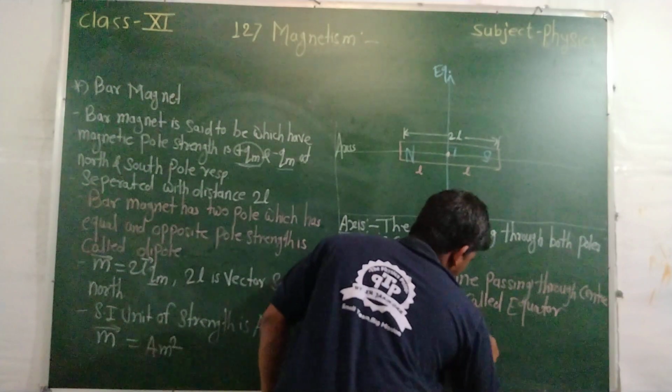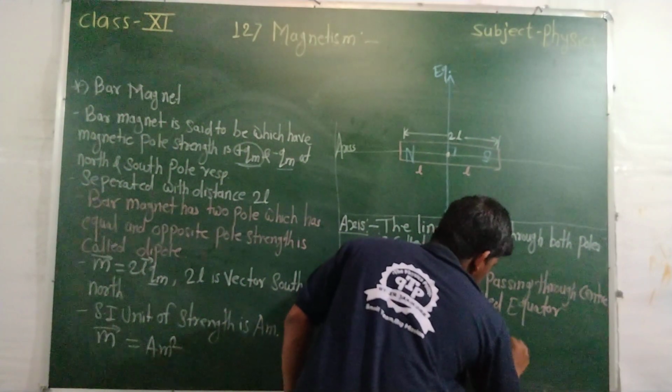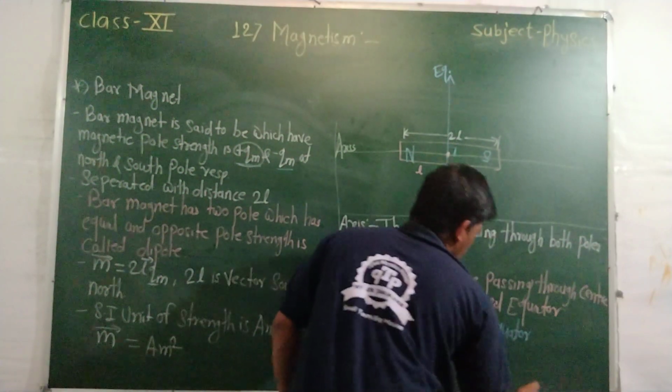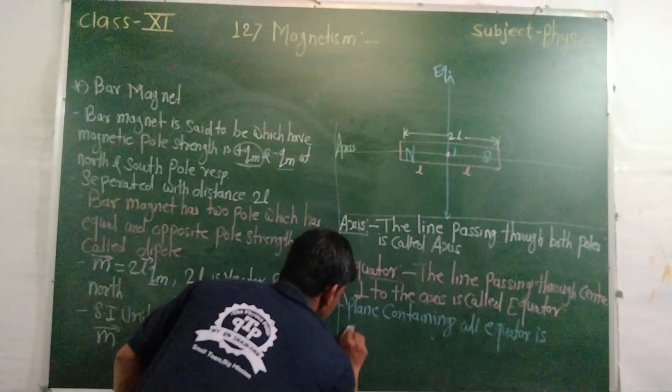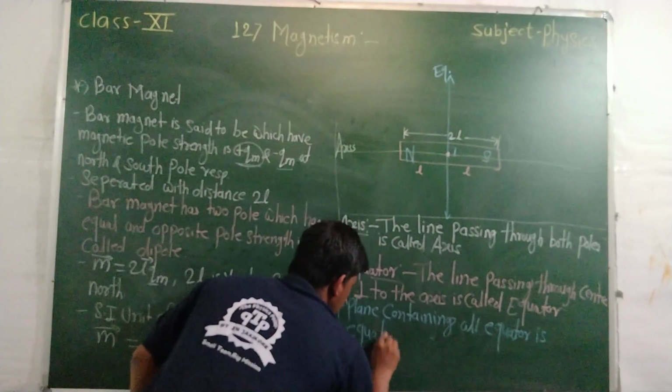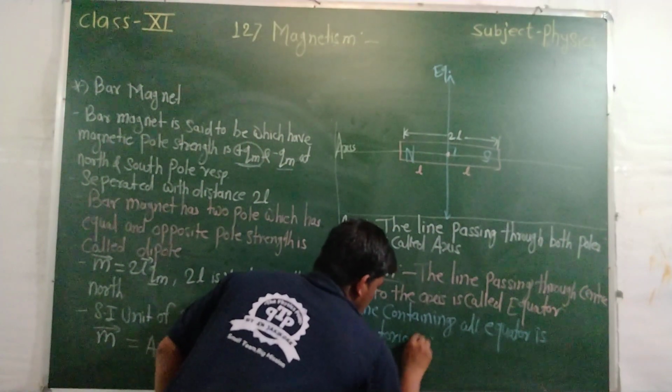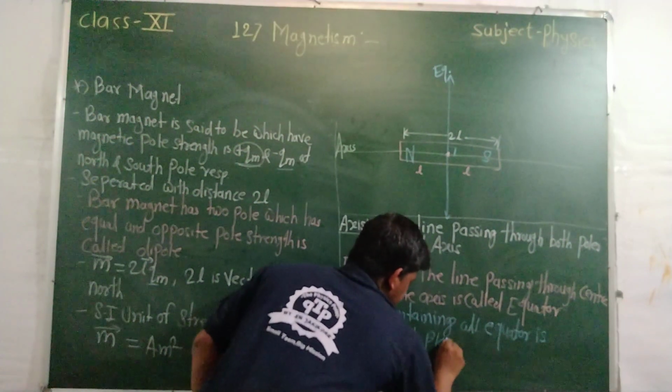The plane containing all equators is called the equatorial plane.